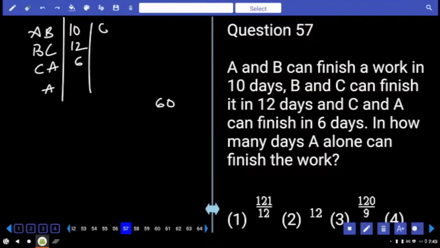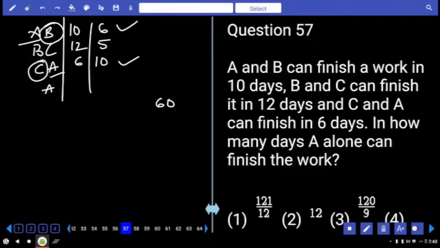AB does 6, BC 5, CA 10. Where is A? If you assume these are three different equations, A is in first and third. If you add both, you get 2A plus B plus C.